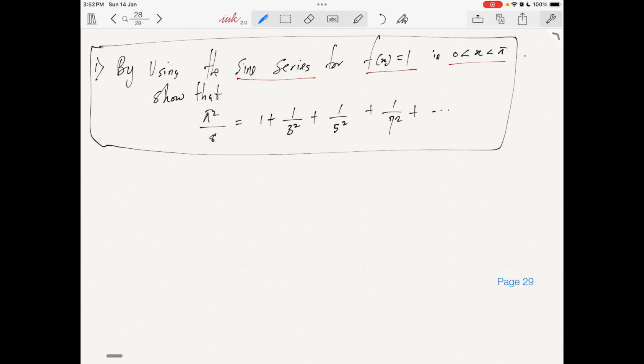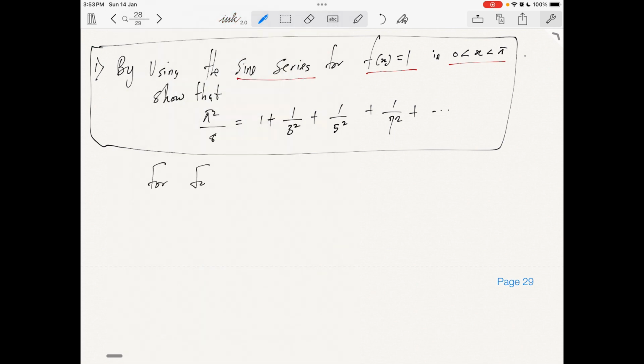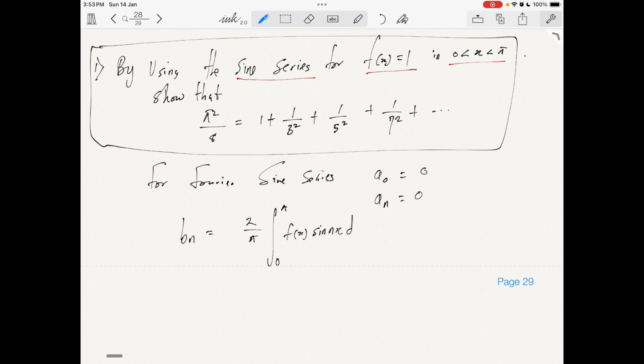Now, the first thing to do is to solve the Fourier sine series. And we recall that for Fourier sine series, A0 is equal to 0, An is also equal to 0. However, Bn is equal to 2 over pi integral of 0 to pi f of x sine nx dx.